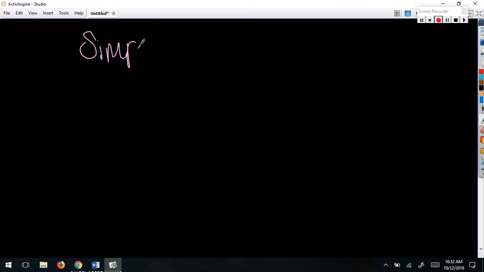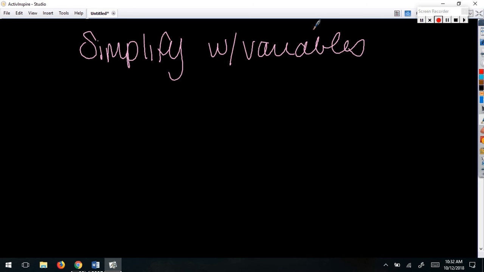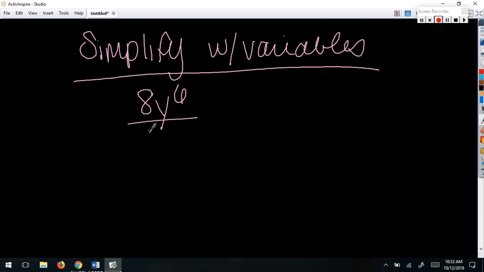Okay, so let's do some simplification with some variables. So we're going to work the same way, but we're going to have some variables thrown in here with our numbers. So let's say I have 8y to the 6th over z to the 12th, and I'm taking the cube root of that.